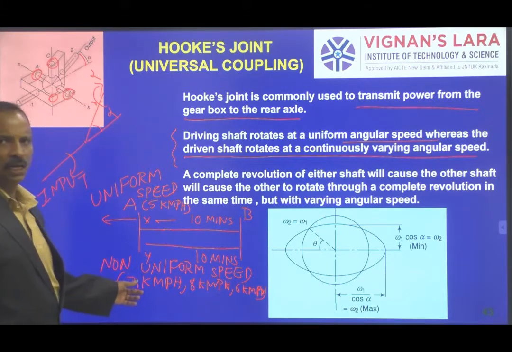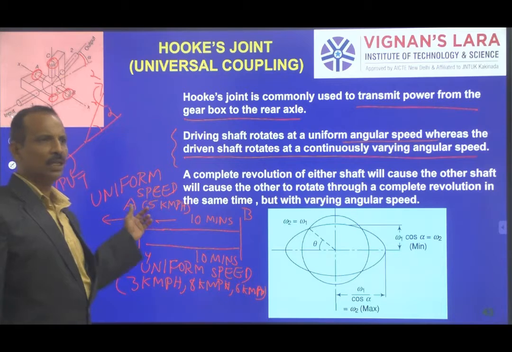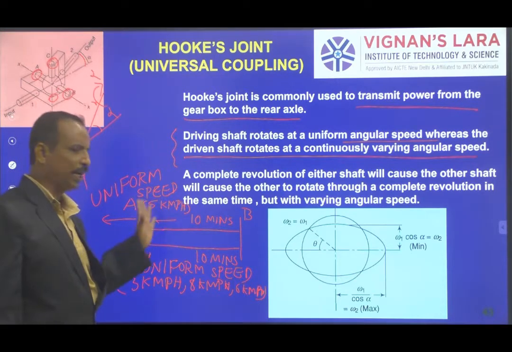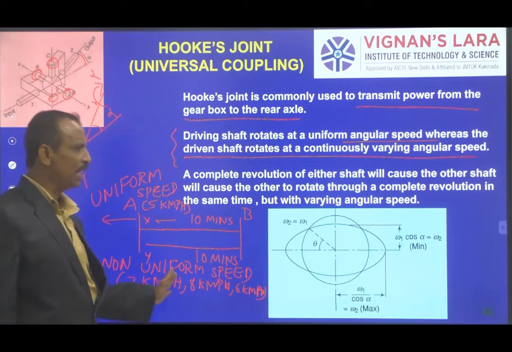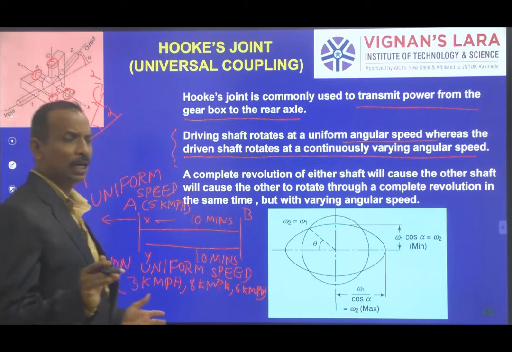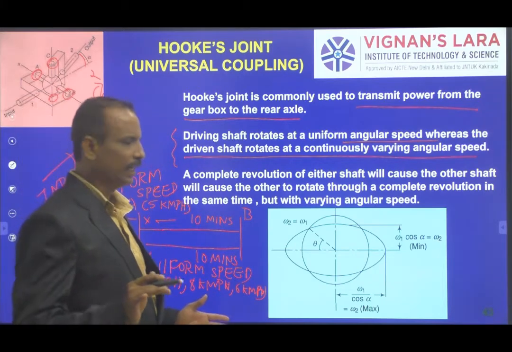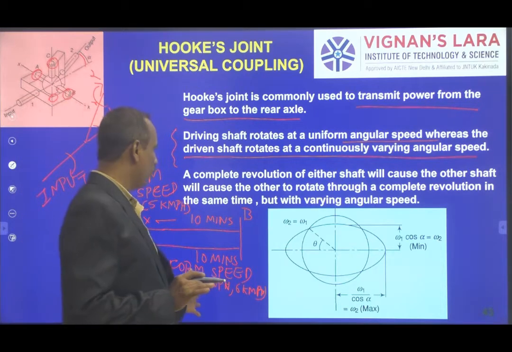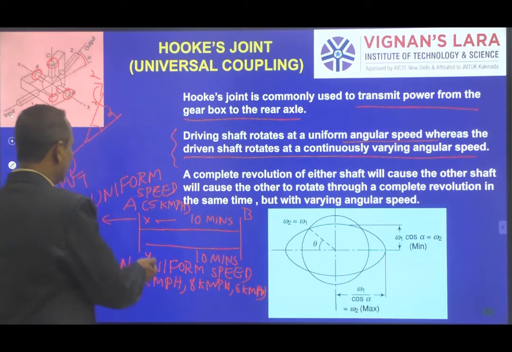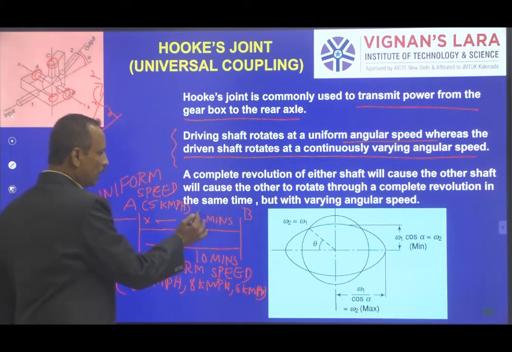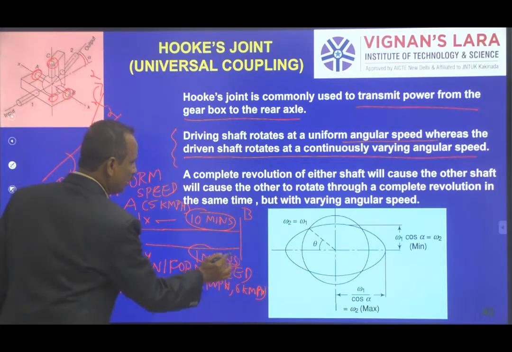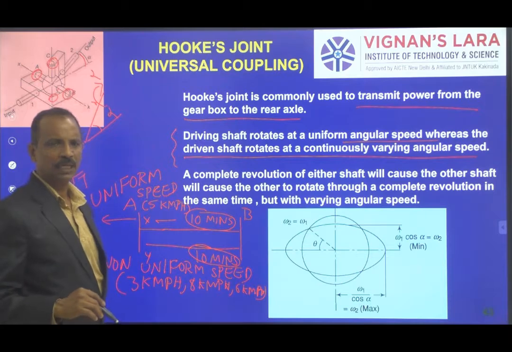You can see here X has traveled the entire distance with the same speed, whereas Y has traveled with 3 different speeds or 4 different speeds, or actually continuously varying speeds. But X completed the task in 10 minutes and Y also completed it in 10 minutes.